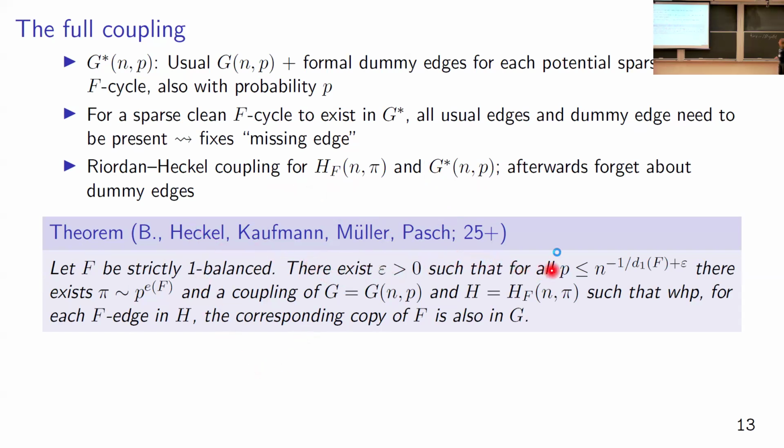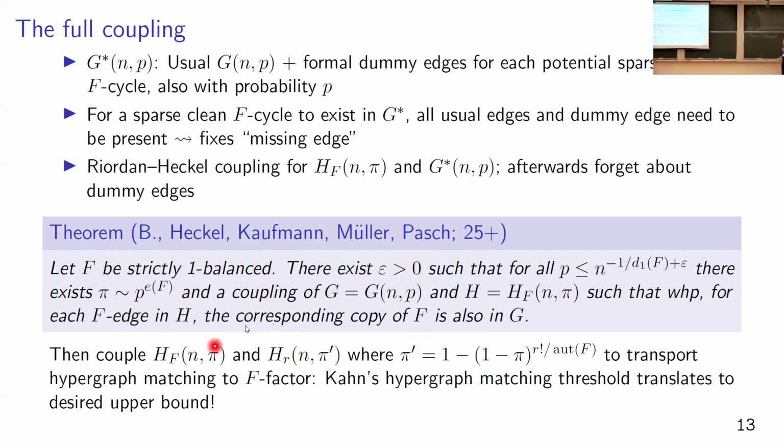For all p up to our threshold plus a little bit, there exists a probability pi that is related in the correct manner, and the coupling between G and H, namely this one here, such that with high probability, every F edge in H also has the corresponding copy in G.